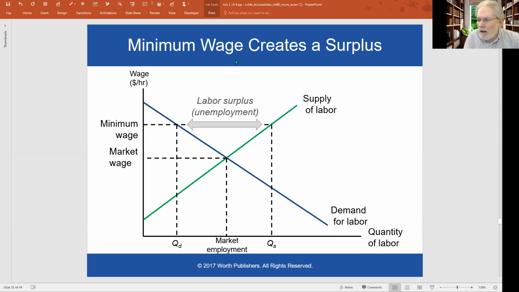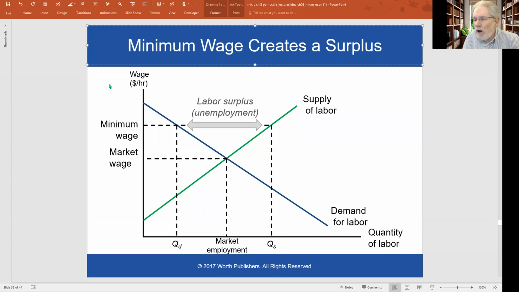Okay? So here we have a typical graph, demand and supply. We're going to spend a while on this graph because if you really understand this graph, then you shouldn't have too much trouble with a lot of the things we're going to do.